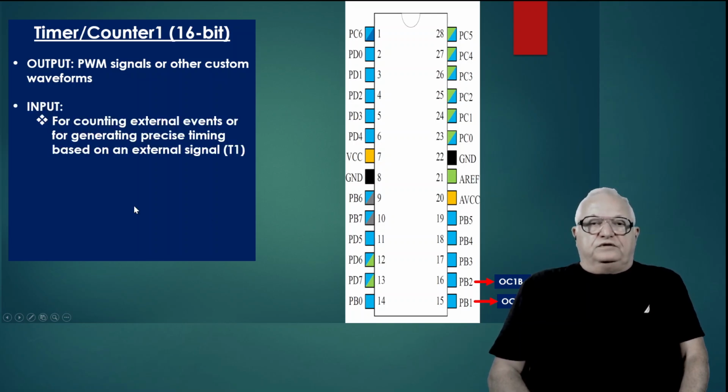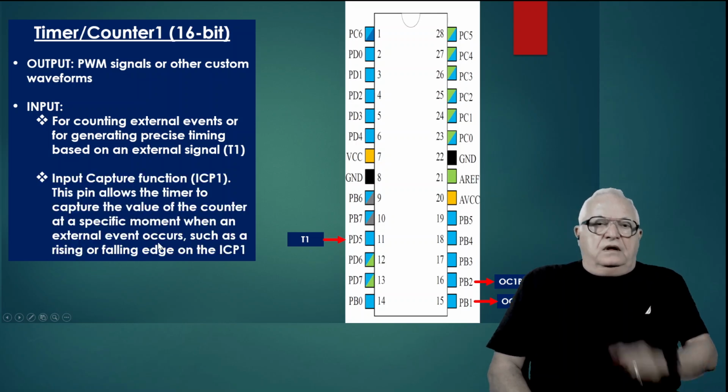Now for inputs, for counting external events or for generating precise timing based on an external signal, timer counter 1 has the T1 parameter. The T1 parameter is associated with port PD5, pin 11.